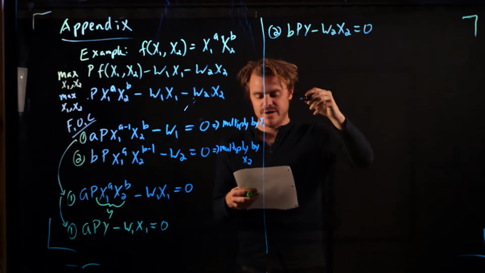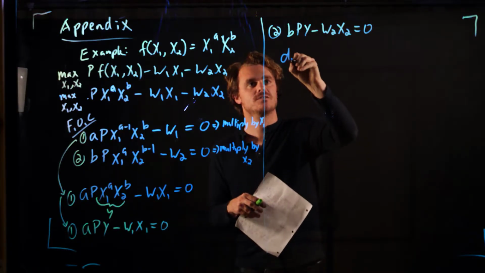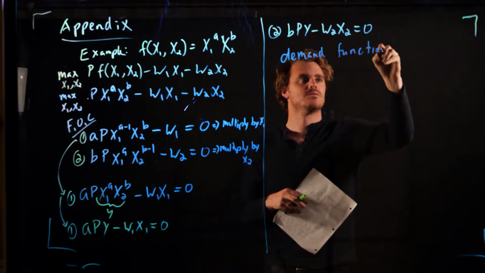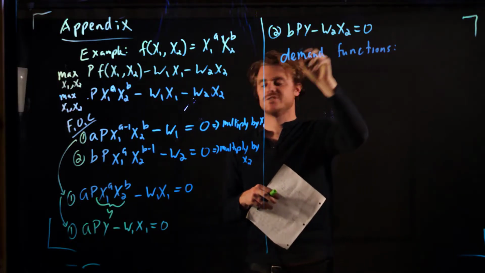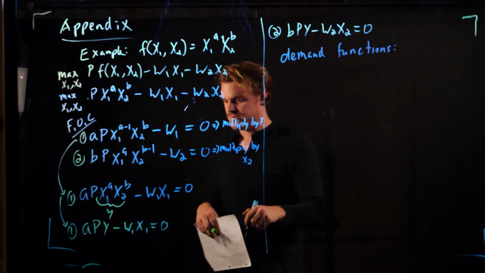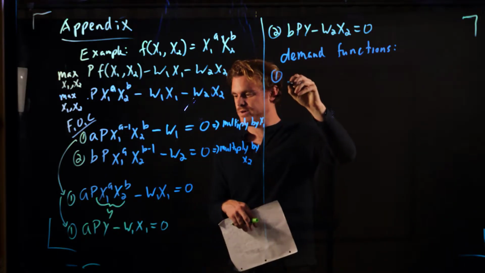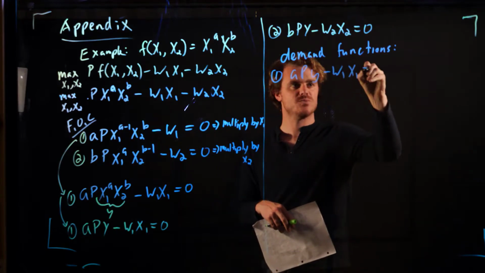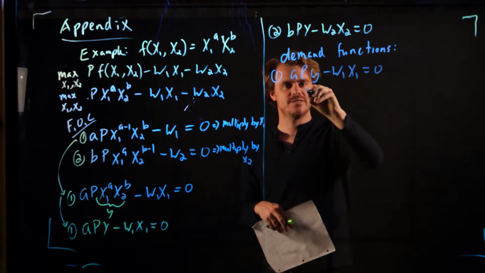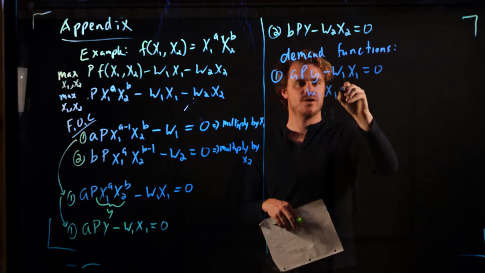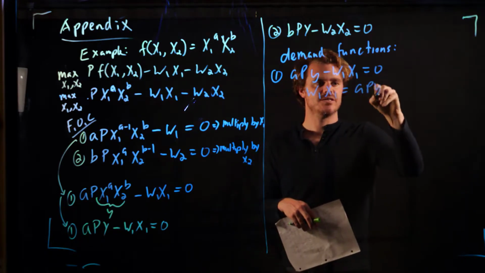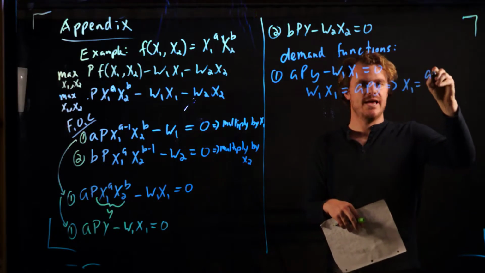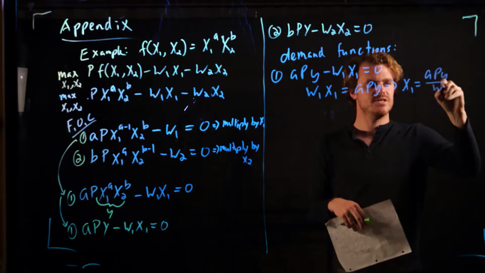Then we can think about what our demand functions are. We're going to solve each of these for x. Let's do the first one first: a p y minus w1 x1 equals 0. That means w1 x1 equals a p y, which means x1 equals a p y over w1.